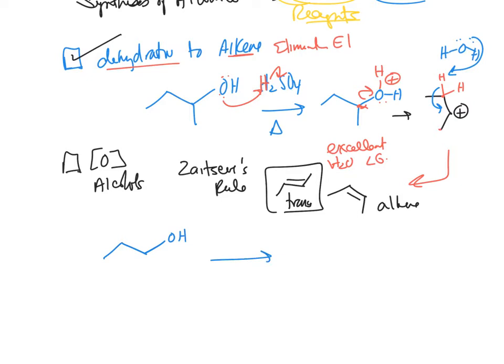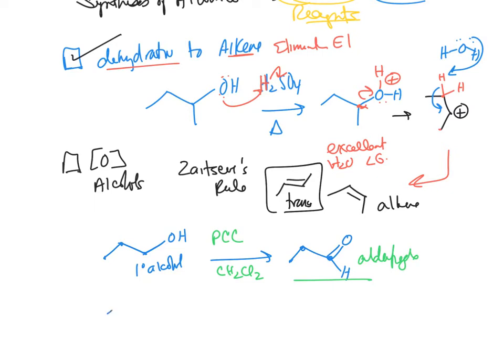If you wanted to go just to an aldehyde, this is a primary alcohol, so you use PCC. Usually you do this in dichloromethane because you don't want water around, and you get an aldehyde.